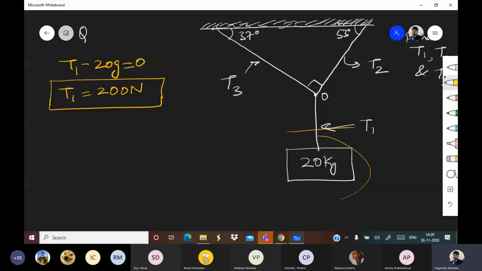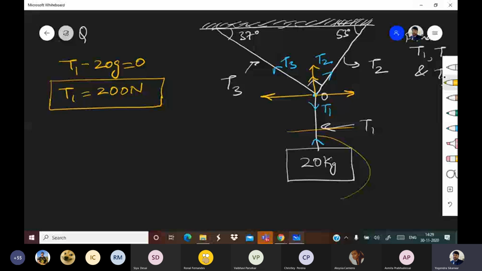Now let us focus at point O. Everyone, please pay attention. So when we are going at point O, T1 will be acting downward, all right? Because tension is a pull type force. T2 will be acting like this, and T3 will act like this. Now pay attention. I am resolving these forces in this direction, this direction, this direction, and this direction.